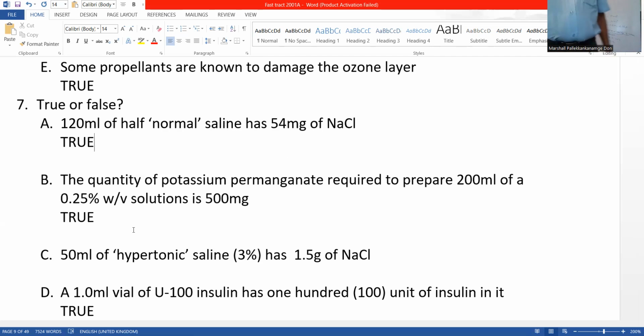Let's see. 0.25% weight by volume means 0.25 grams in 100 ml of solution.